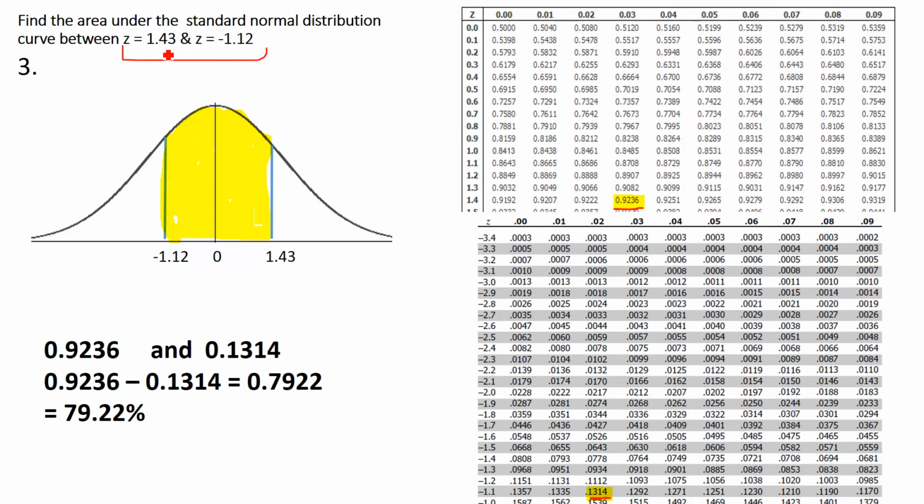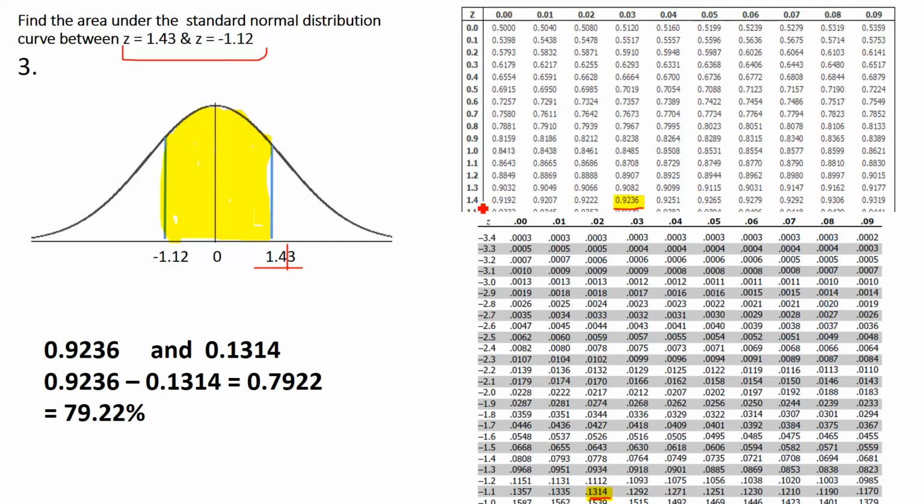One is positive 1.43, so positive it should be here on the right hand side, and this is negative 1.12, write down 1.12 here. So now you have to consult both tables. For positive 1.43, 1.4 you find from this column Z value, and then 3 we will find on the horizontal row.